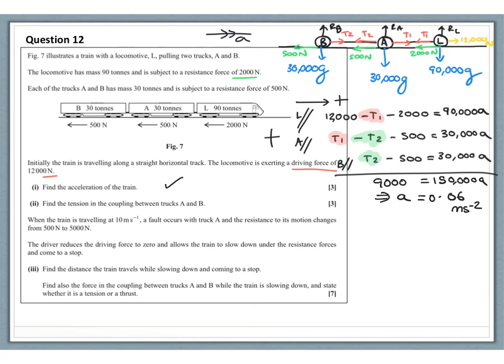This then allows us to calculate the tension in the coupling between trucks A and B, which is T2. So if I substitute back into the third equation, T2 equals 2,300 newtons.